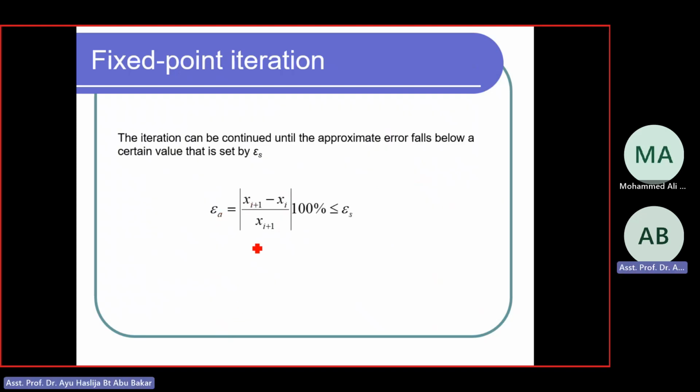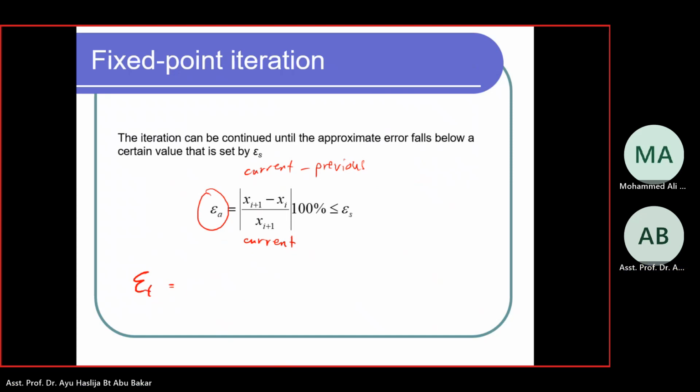Now, EA, you should be familiar with this equation by now: current minus previous over current. This one is EA. How about ET, the true error?